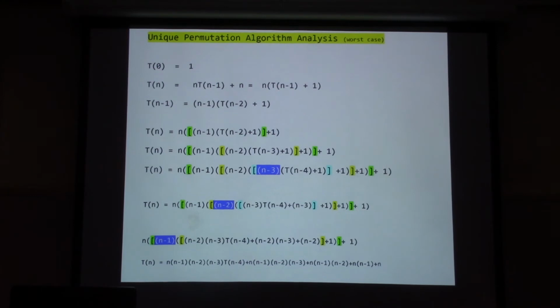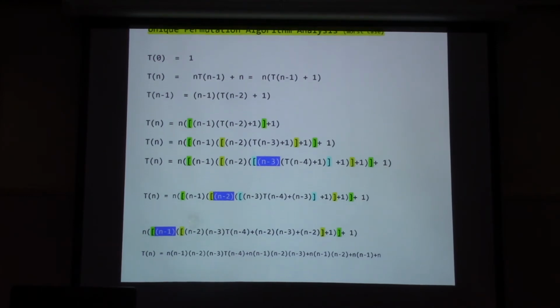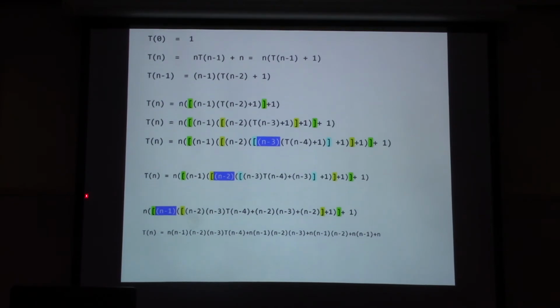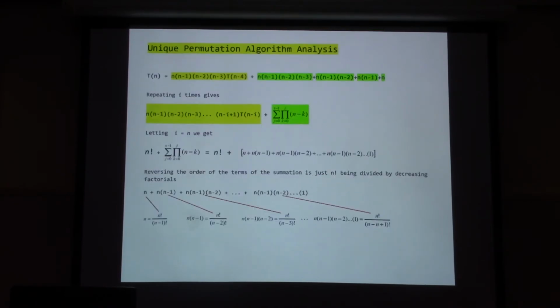Okay, so essentially we can do this recurrence. So this is the permutation T of 0 is 1, and T of n is going to be n times T of n minus 1 plus n. So we can compute this, and this is our expansion by repeated substitution.